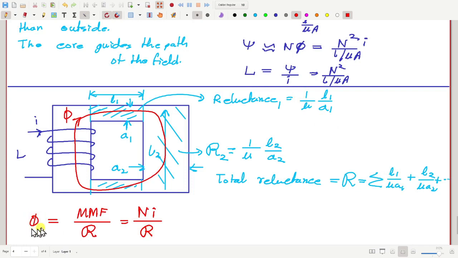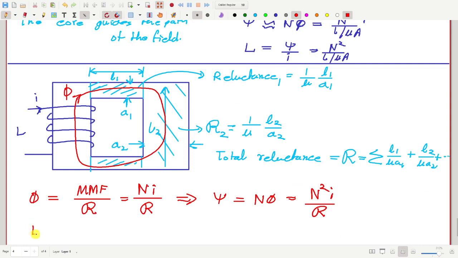Okay, so we can get the total phi, and then from this we can get the flux linkage, which is N times phi. So that will be N square I by total reluctance, and therefore self-inductance L will be psi by I, that is N square by R.